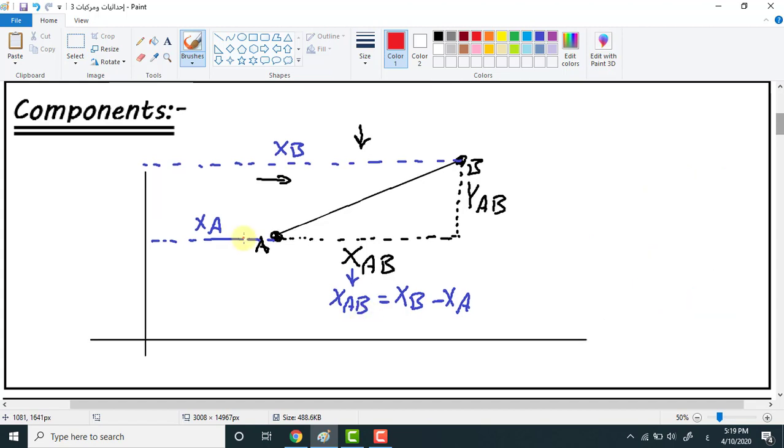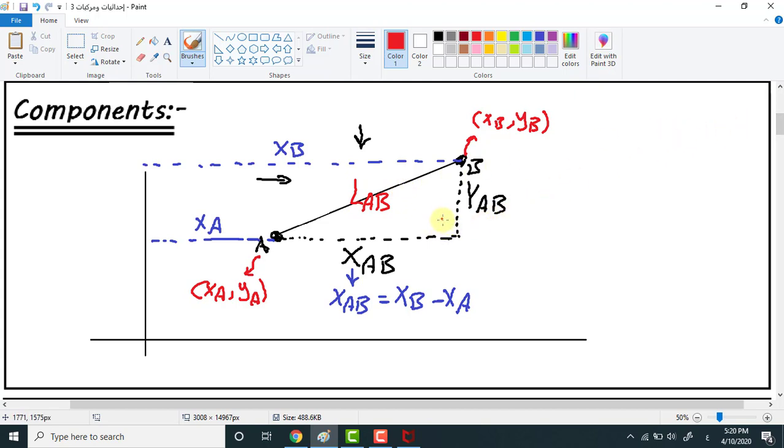There are many applications of components and coordinates. First, if we have the coordinates of point A, XA and YA, and the coordinates of point B, XB and YB, we can calculate the length of line AB, LAB. How can we calculate it?